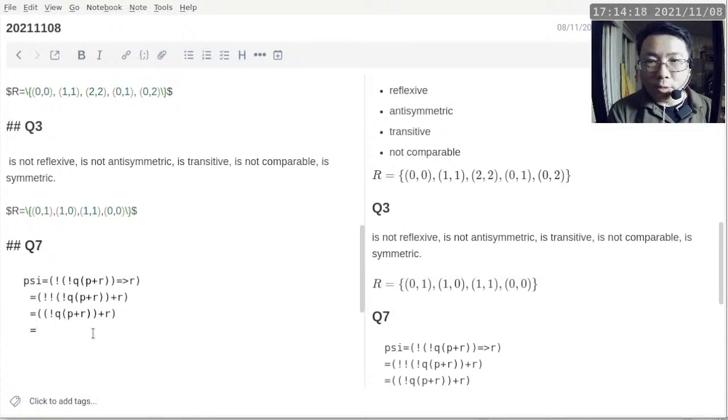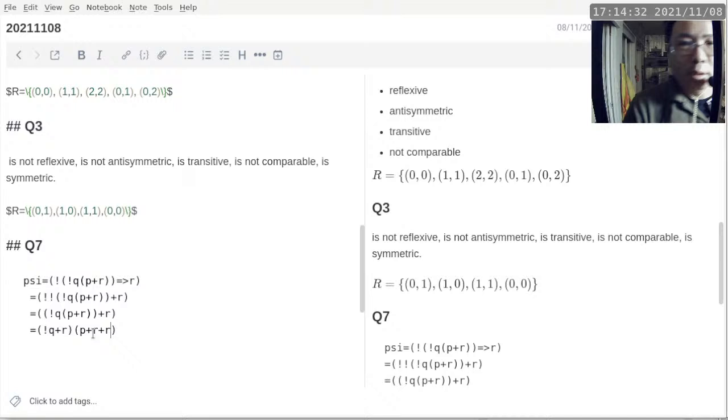So this will end up with not Q or R, and P or R or R. There we go. Does everybody see how I just did distribution over here?